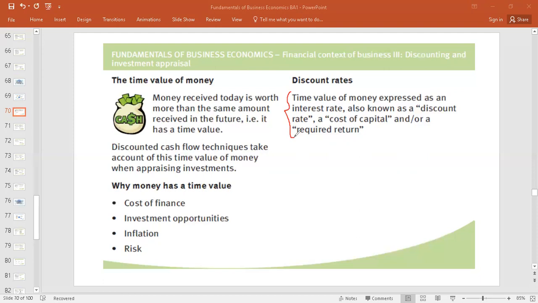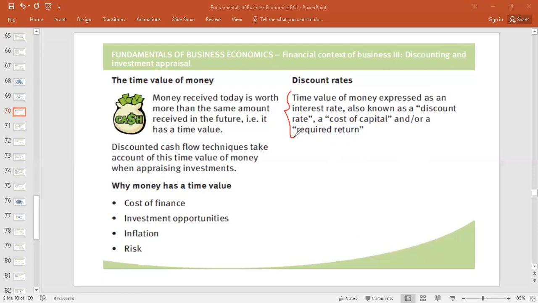Sometimes this information is not available. For all the types of capital that are invested, the cost of capital which is paid on all the types of capital, the weighted average cost of capital, WACC, is calculated, and WACC will be the rate at which the cash flows will be discounted.